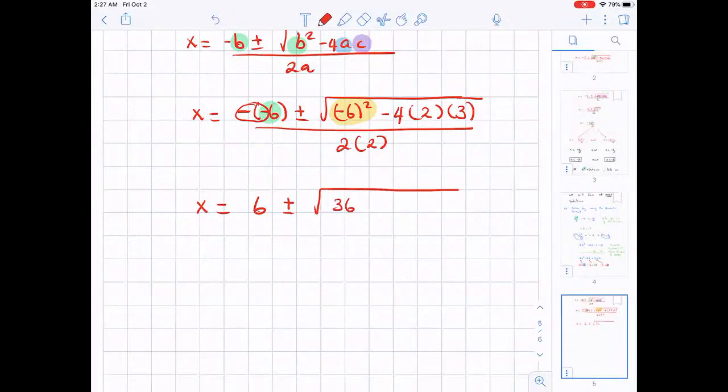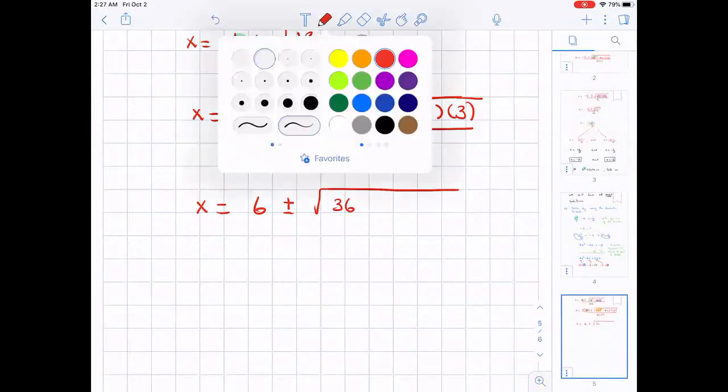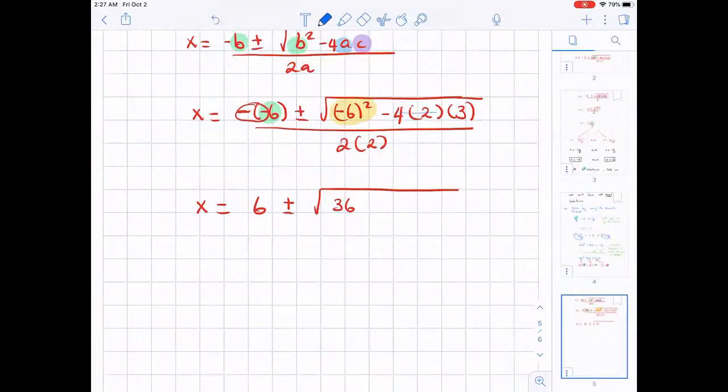And if we multiply out everything we have here, that will become minus 4 times 2 is 8, 3 times 8 is 24.